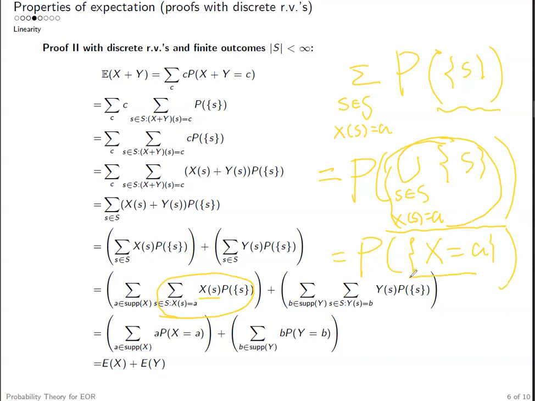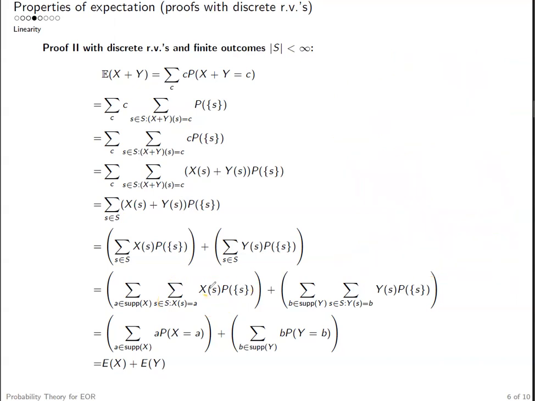That is essentially the event x equal to a, which contains all the outcomes such that x would map those outcomes to value a. So if we write a here to replace x(s) and move a forward here, the summation of the probability value here is essentially the probability value of x equal to a.